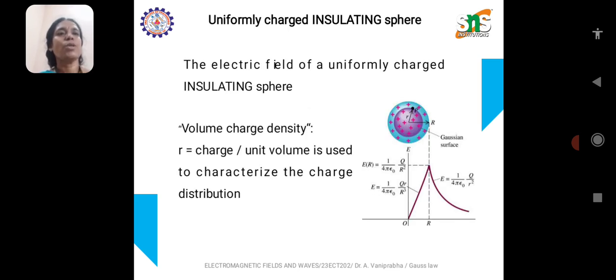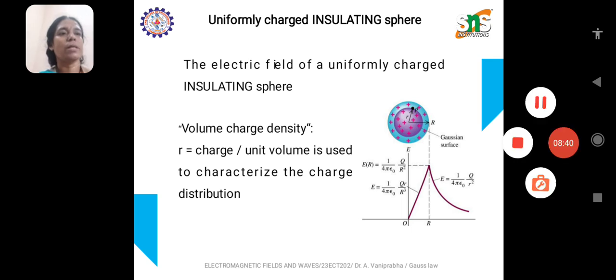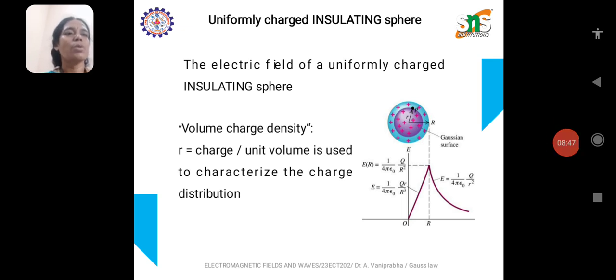The next is the uniformly charged insulating sphere. The electric field of a uniformly charged insulating sphere can be calculated based on the same procedures that we have followed earlier for calculating the electric field intensity of a long conductor or a lengthy wire, an infinite sheet of charge, and a spherical shell.